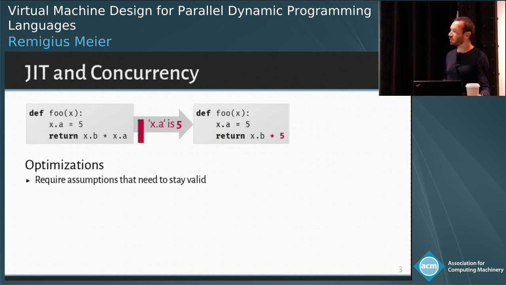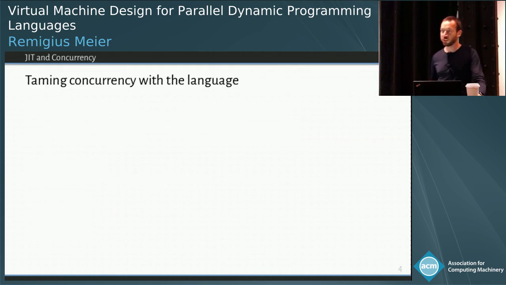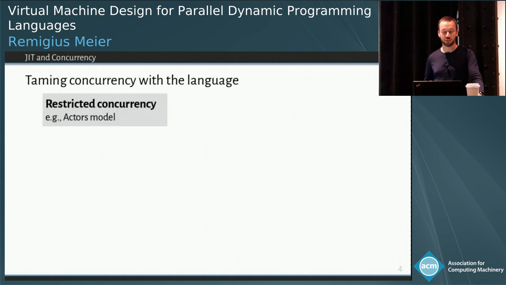But what we can see here is that these optimizations require assumptions to be made. So the JIT compiler assumed that at the point of the multiplication, the value is still the same and didn't change, which might not be true if we concurrently run another function that reassigns a with a different value. So that's where concurrency comes in. And there are various ways in which languages can deal with this issue. For example, they can restrict concurrency for the programmer.